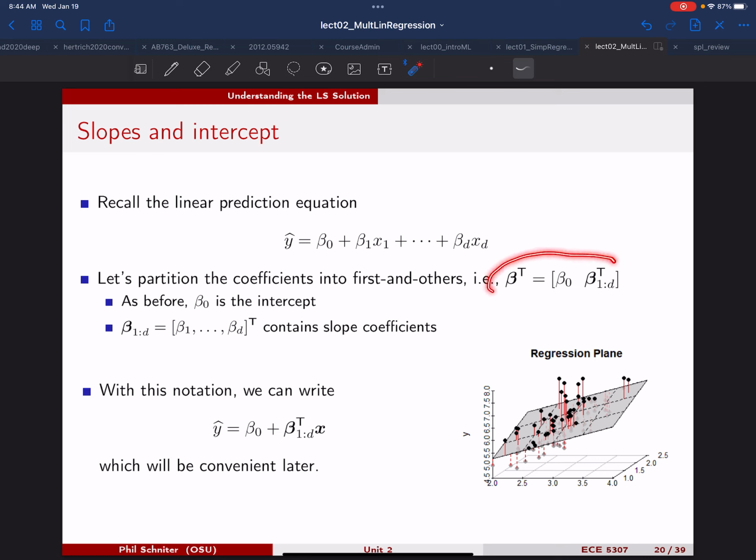So with this slightly different way of expressing beta, now our predicted value y hat would be the intercept plus all the slope terms times the feature vector. And this is going to be convenient as we go forward. So just rewriting it a little differently. Okay, any questions on this?